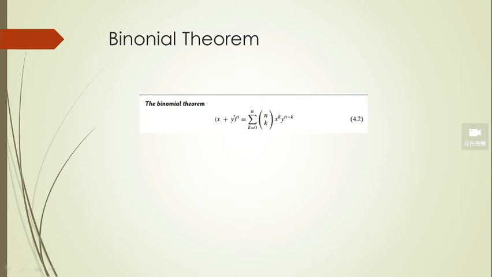So x plus y to the integer exponent n equals the summation, the sigma notation, k equals 0 to n, of the combination n choose k, x to the k, y to the n minus k, okay?